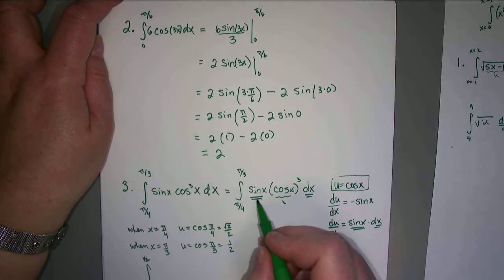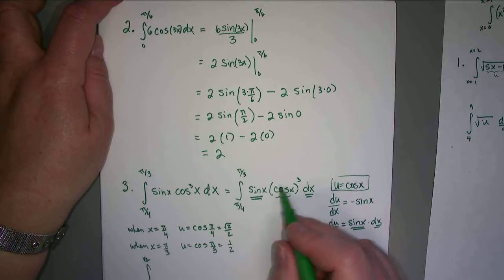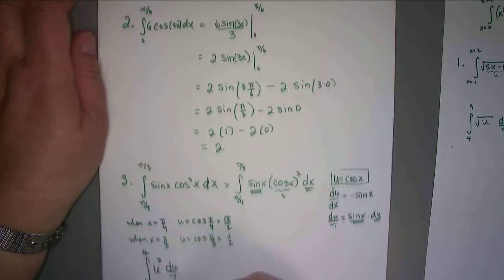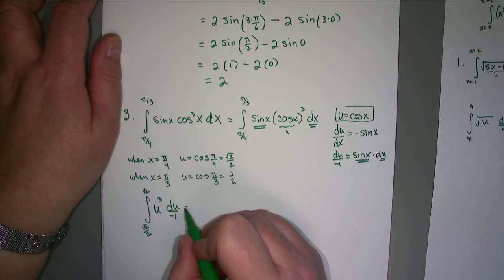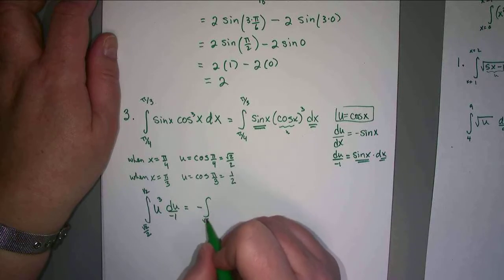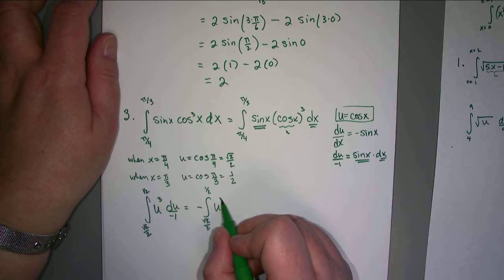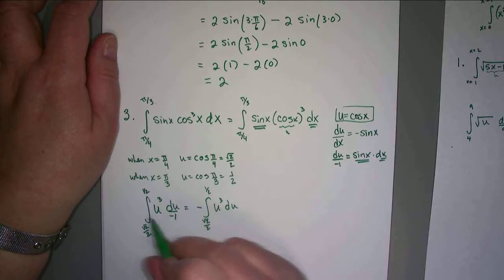We're dropping off the sine and the dx, so deal with the u first, u cubed. Drop these off, and in their place, du over negative 1. I'll just move the negative sign out front.